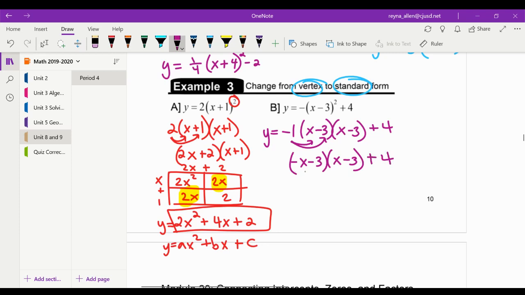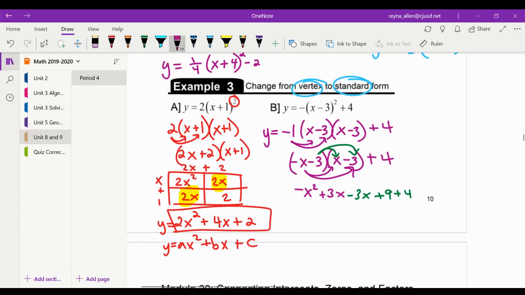Why not? So negative x times x is negative x squared. Negative x times negative 3 is positive 3x. Negative 3 times x is negative 3x. Negative 3 times negative 3 is positive 9. And then don't forget the 4 at the end.